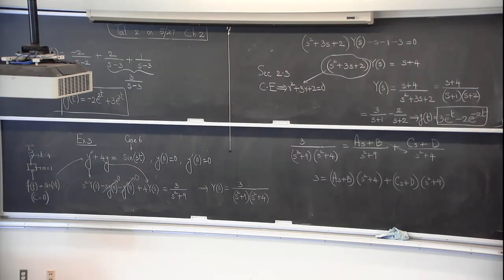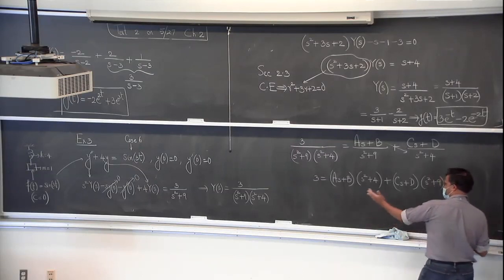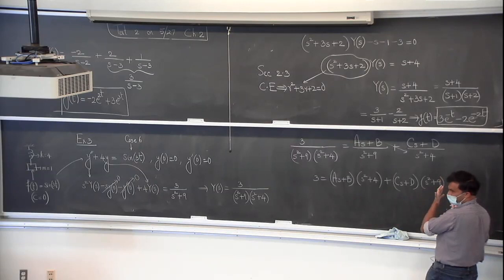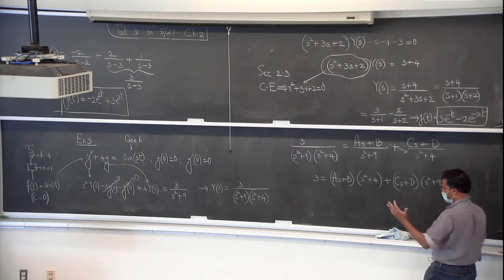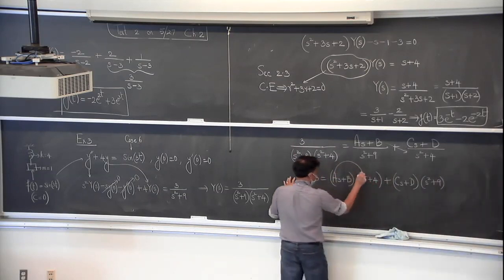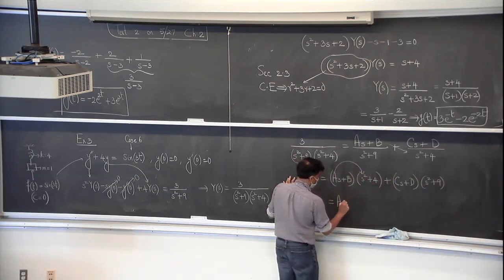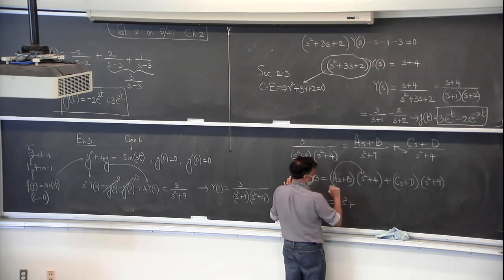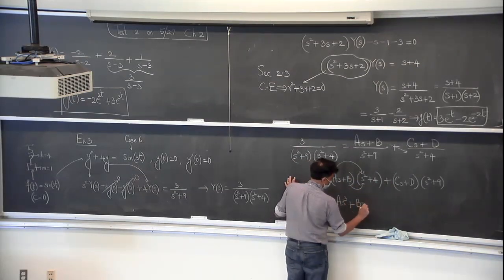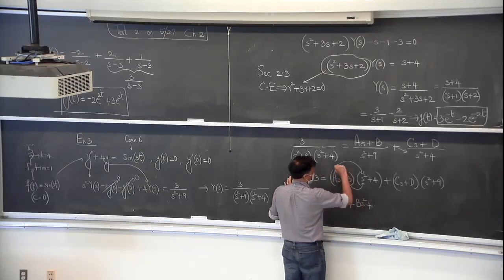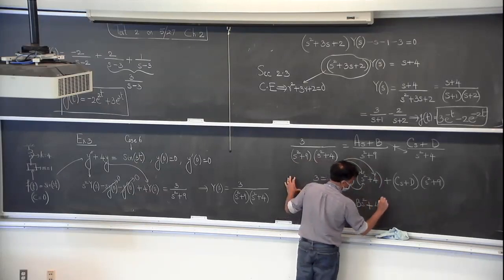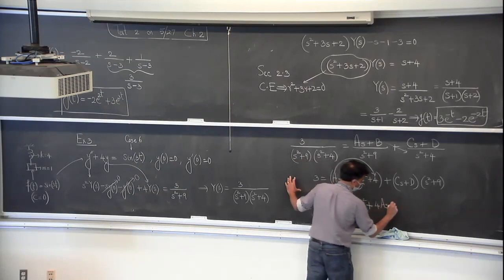We have 4 constants to evaluate here. So you should be a little bit careful about how you do this. The safest way to do this is to just expand it out, as bad as it sounds. At least you will have a definite idea about what is going on. So just multiply this out. That's going to be a s to the 3 plus b s square plus 4a s plus 4b.